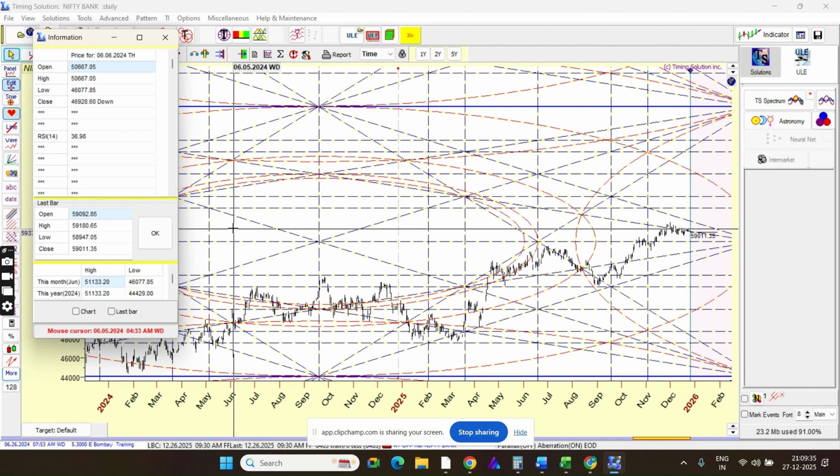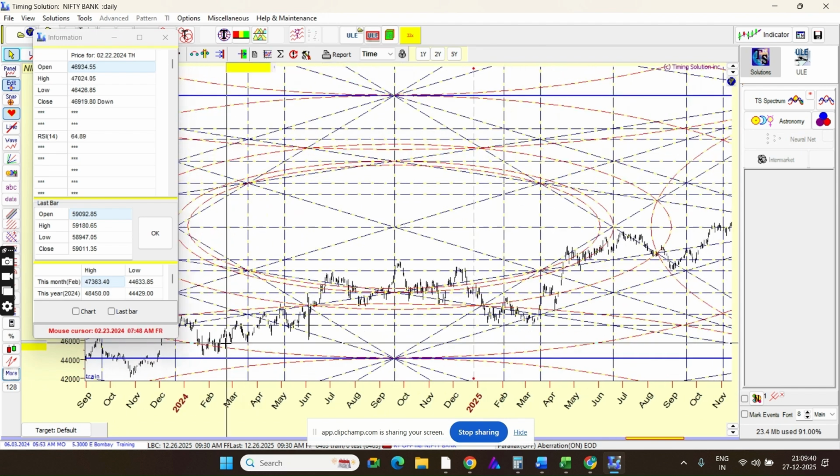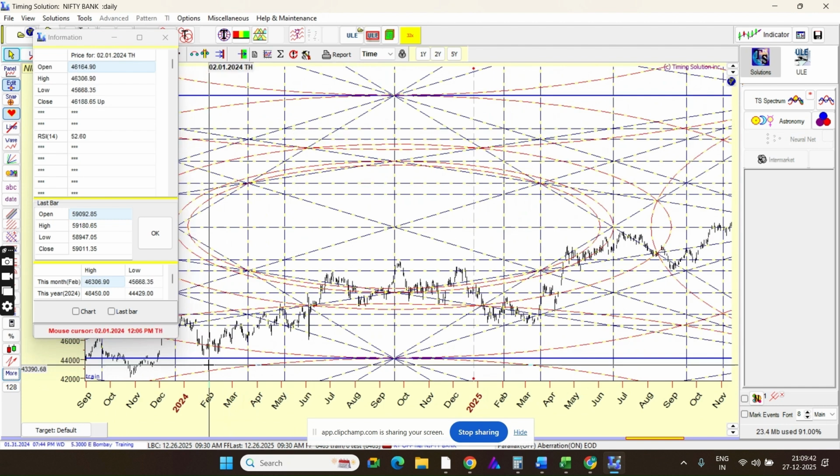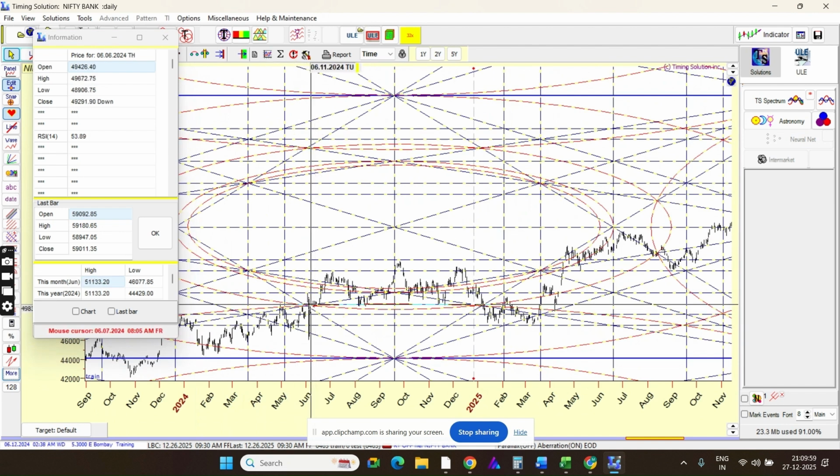Currently you are seeing the square where the price action has tested the start of the square here. After the back testing of the start of the square, we took resistance along this angle, and here at the pre-exit poll results we went above and again dropped and took support on this falling angle.